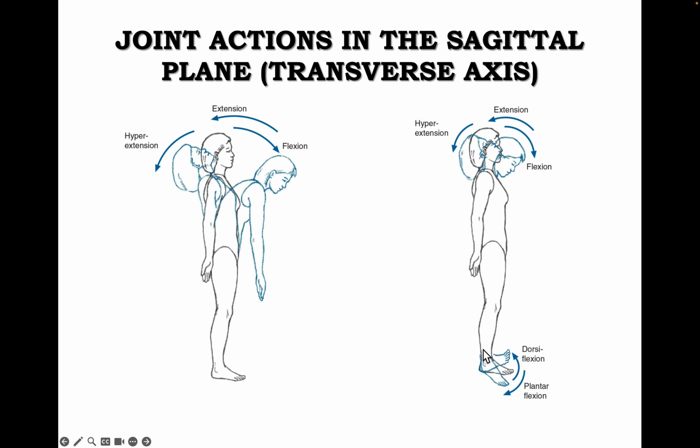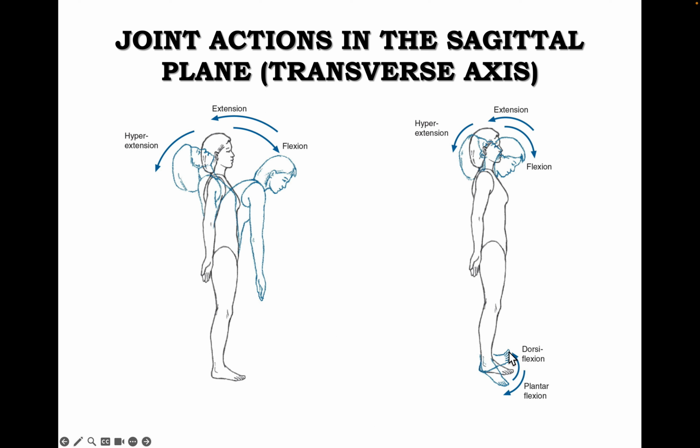Now with your feet, flexion and extension have more specific names. Dorsiflexion means the foot comes up. Plantar flexion, the foot comes down. I like to think about dorsiflexion, dorsi, looking like a dorsal fin on a shark. So you see this foot right here, it looks like a dorsal fin on a shark.